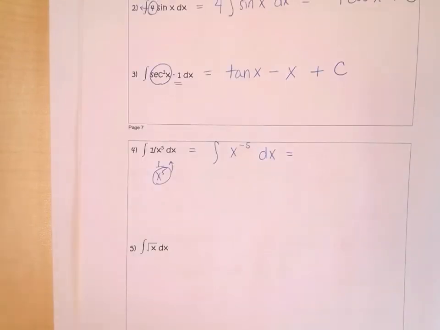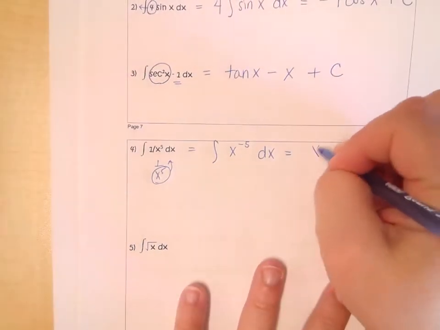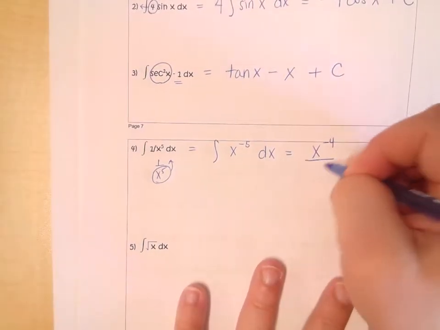So somebody else that maybe hasn't gone yet, what's one more than negative 5? Negative 4 is correct. And that also becomes our denominator.